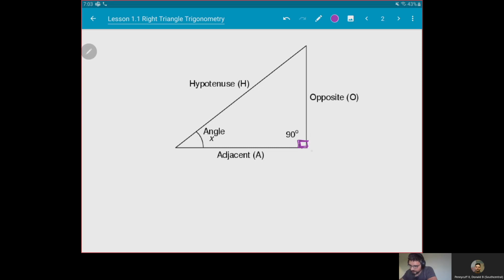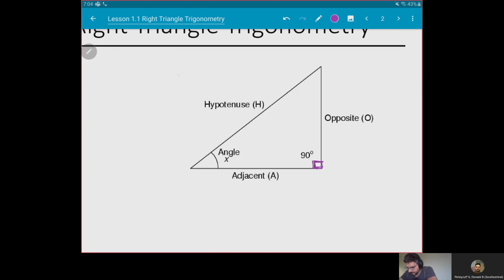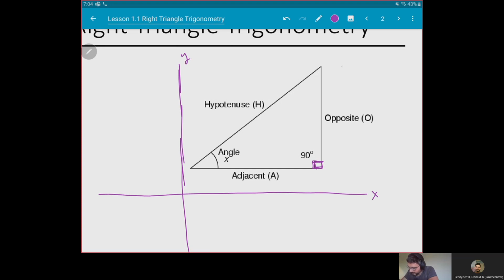In this lesson, I'm going to have all the triangles like this, in what we call the first quadrant. If you think of this like a coordinate system of X and Y, this is the first quadrant where everything is positive.